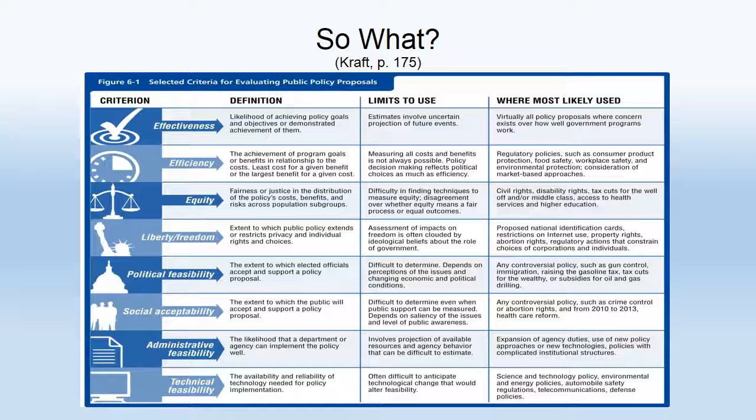Well, the other reading I assigned to you was Craft Chapter 6. And this is a chart from Craft Chapter 6 on page 175. So what is this chart? Craft talks about this in Chapter 6, all of these 8 ways of evaluating a policy proposal. So what are these things?